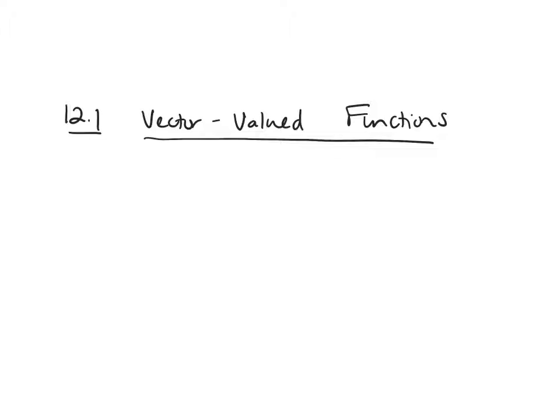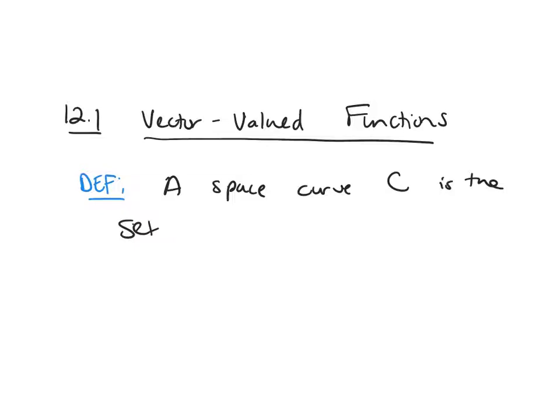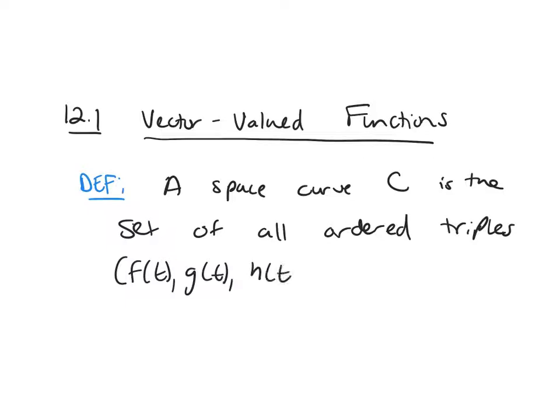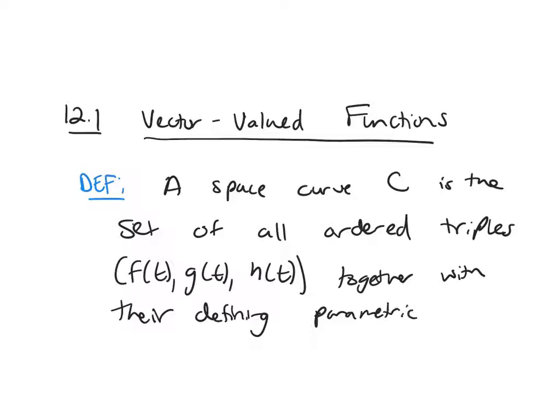So let's start with the definition of a space curve. A space curve, C, is the set of all ordered triples f of t, g of t, and h of t, together with their defining parametric equations.